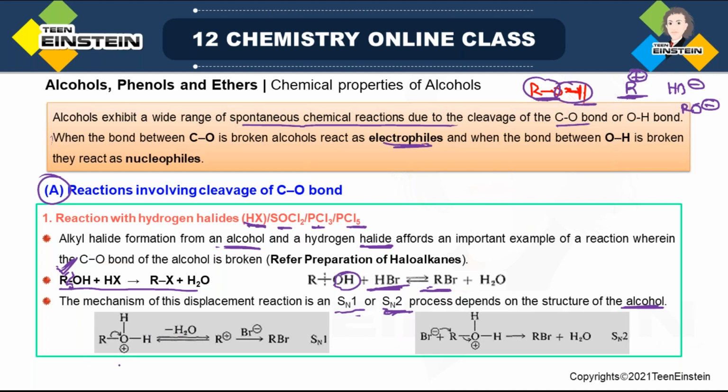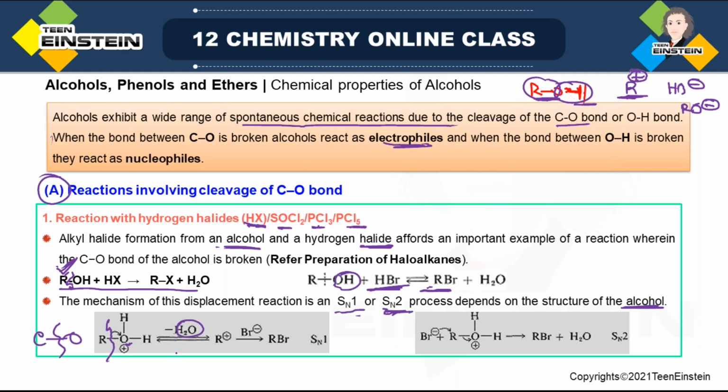Now if we consider this mechanism, first what is happening: in HBr or HX, whatever you say, this hydrogen is acidic. In presence of this hydrogen, first this oxygen can be protonated and now oxygen is positively charged. Now when this R-O bond, that means the carbon-oxygen bond, is broken, OH2 is a very good leaving group.